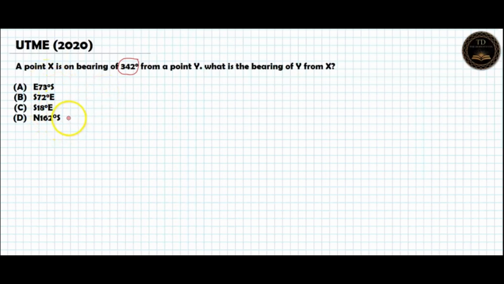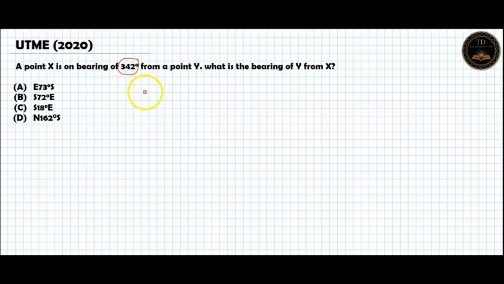If you're not familiar with what I'm saying right now, you could just tell me in the comment section, and I'll be glad to make a video of the relationship between them and the conversions between them. You can convert from compass bearing to 3-digit bearing, or 3-digit bearing to compass bearing. It's quite simple. But the rule will still be the same.